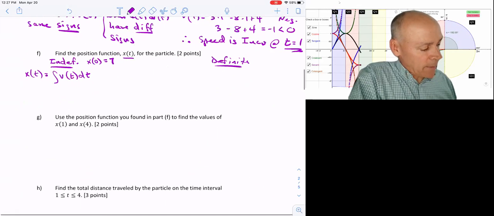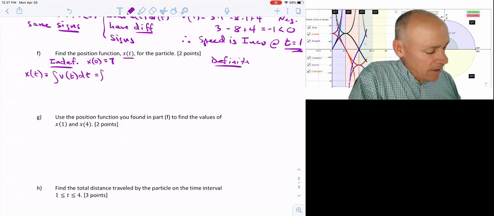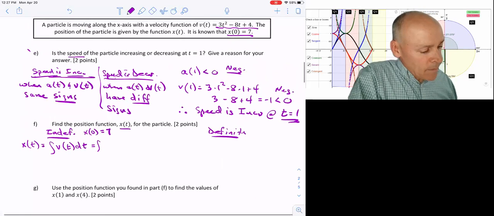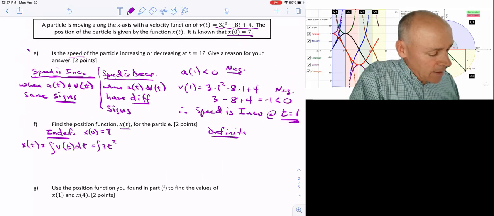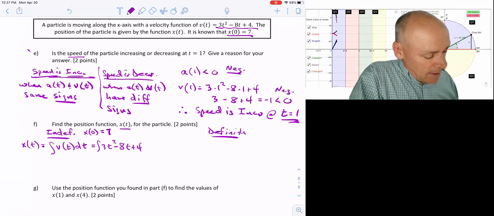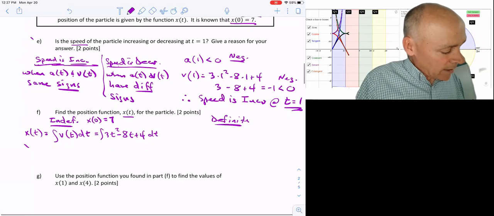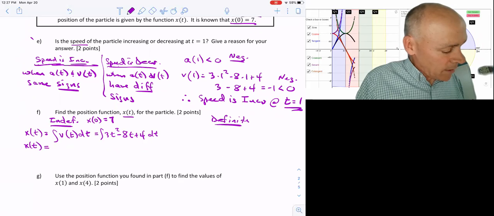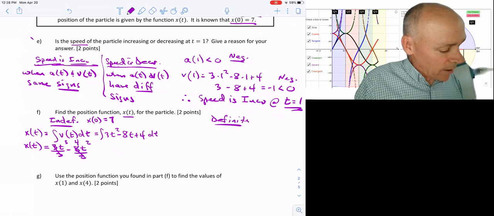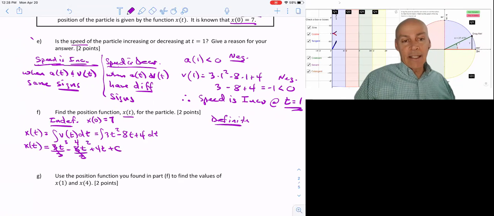So the first thing I'm going to do is take my velocity function, which is 3t squared minus 8t plus 4 dt, and integrate that. So I'm going to get x at t is equal to 3t to the third over 3 minus 8t squared over 2, which simplifies down to t cubed minus 4t squared plus 4t plus c, because that's an indefinite integral.